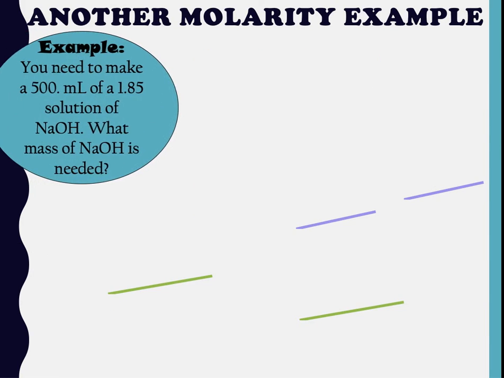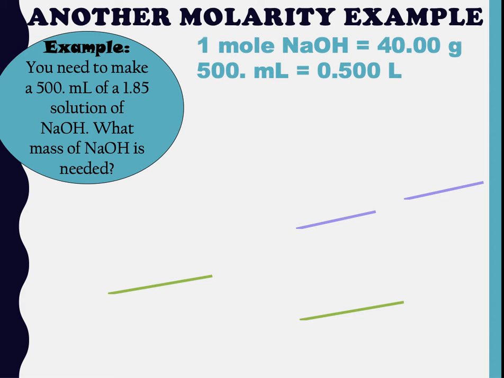Okay. Let's look at another example. Here is one where we are solving for mass. You need to make 500 milliliters, which as you can see is just half a liter, of a 1.85 solution of NaOH. That should be the molarity.